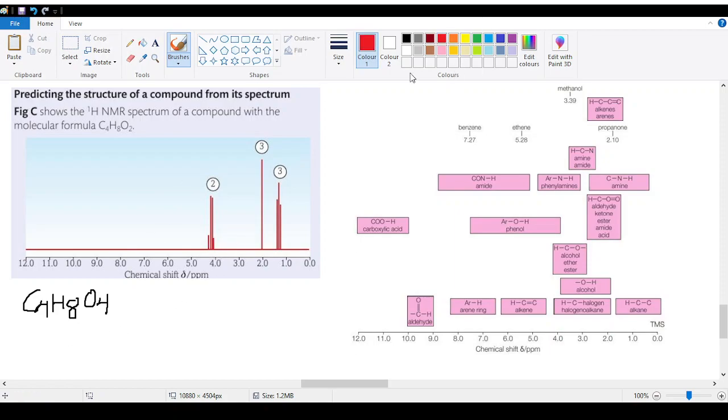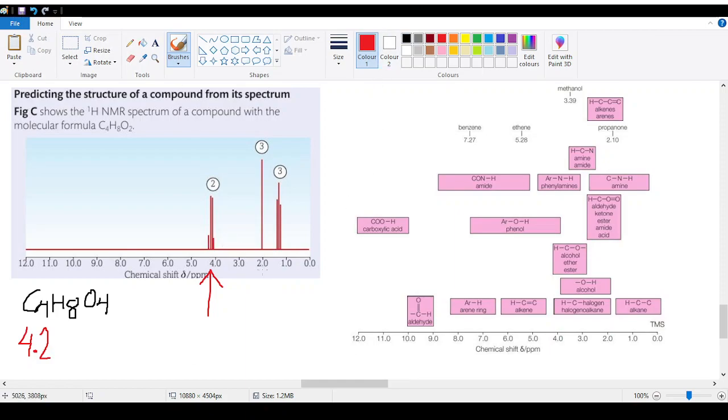Now let's look at the individual values. We have one peak at around 4.1, 4.2, something like that, maybe, right? This one is somewhere around that value. Do we agree or not? Yeah.